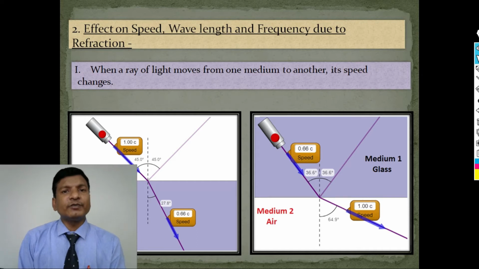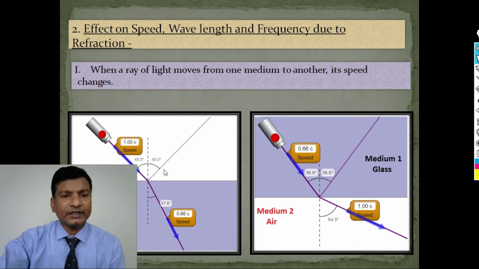Whenever it is moving from rarer to the denser medium, see in the first diagram, a ray of light is moving from rarer to the denser medium. When a ray is moving from rarer to denser medium, what happened? The speed of the refracted light is decreased. Now see the second diagram.